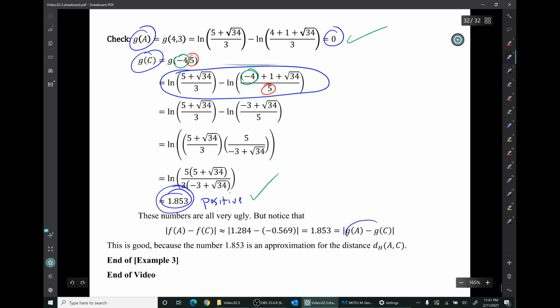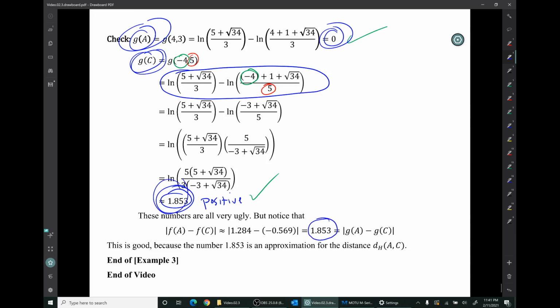Well, if I compute G of A minus G of C, and I take the absolute value, what I've computed is the distance between A and C. That's the cool thing about rulers, about ruler functions. You do this calculation, and that's a way to get the distance. Well, that distance, when I use G of A is 0 and G of C is this number, I figure out that the distance between A and C is roughly 1.853.